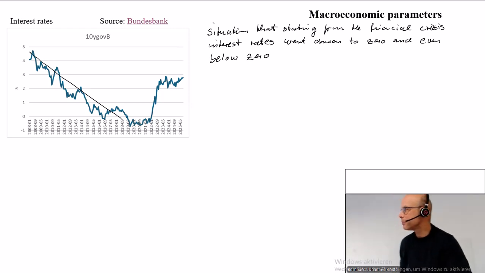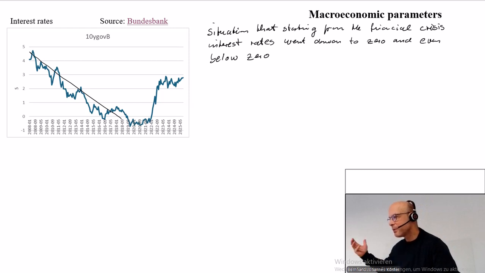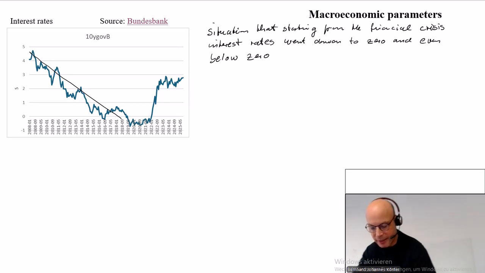And this, of course, was due to the monetary policy, that the main interest rates from the central bank also dropped into the negative area.